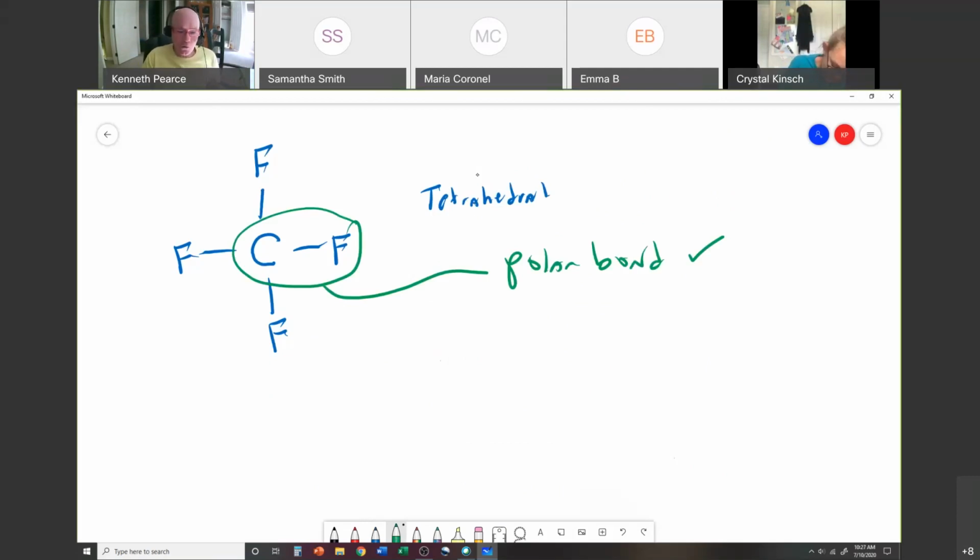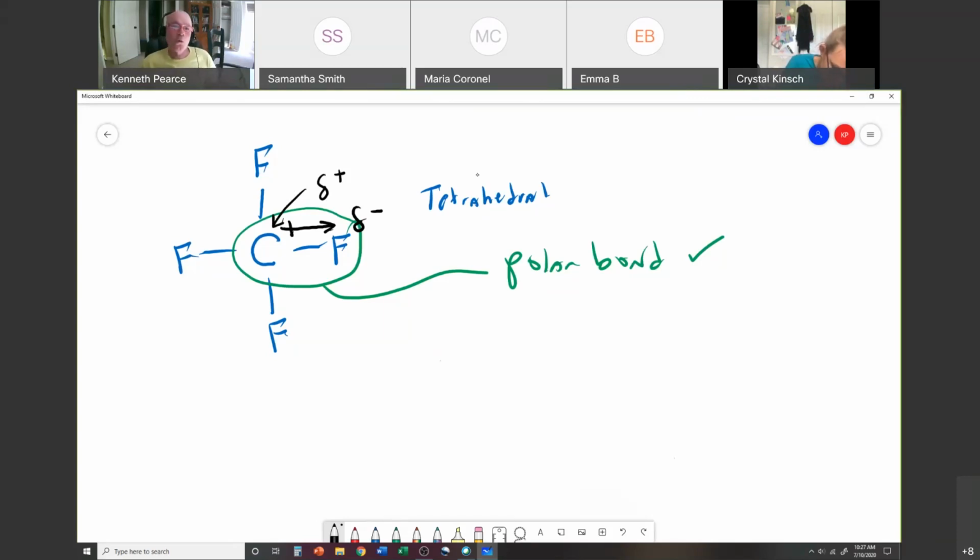And we would look at this and we would say that it is pulling in this direction. And we would say that this end down here, the carbon, we would say that's a partial plus. Everybody agree so far?